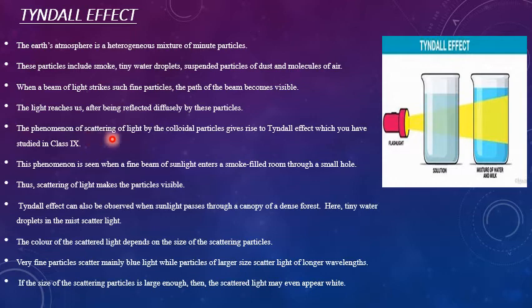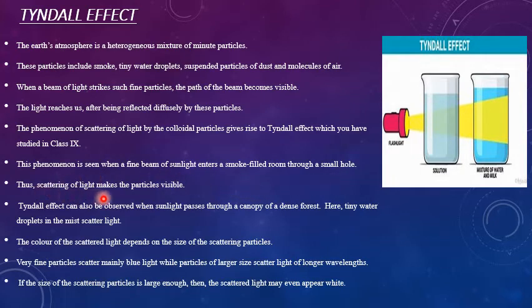The phenomenon of scattering of light by colloidal particles gives rise to the Tyndall effect, which you have studied in class 9 also. This phenomenon is seen when a fine beam of sunlight enters a smoke-filled room through a small hole. You must have seen that. When light enters from that small hole, the path of light is visible over there.